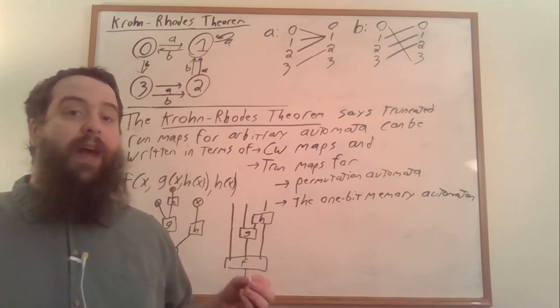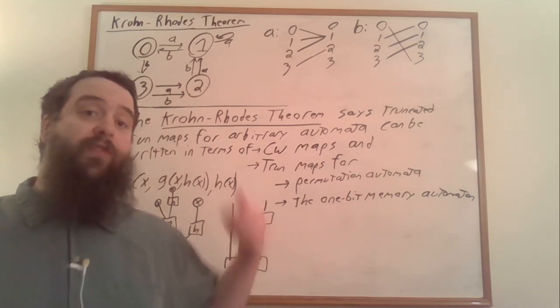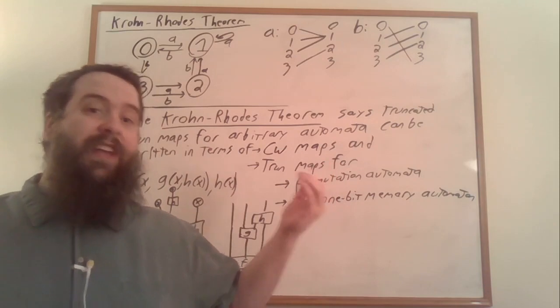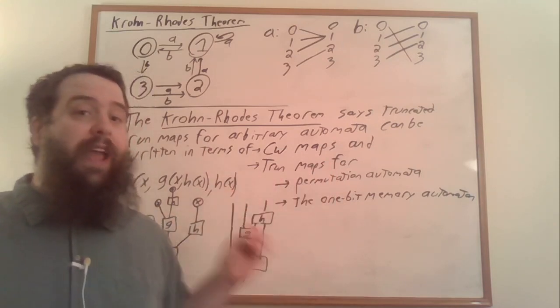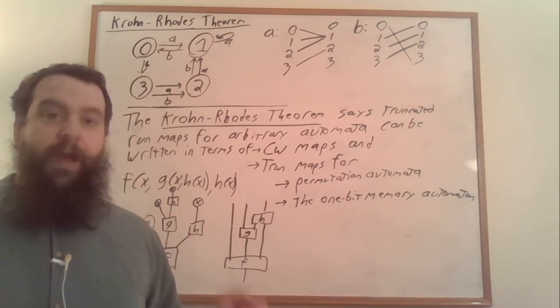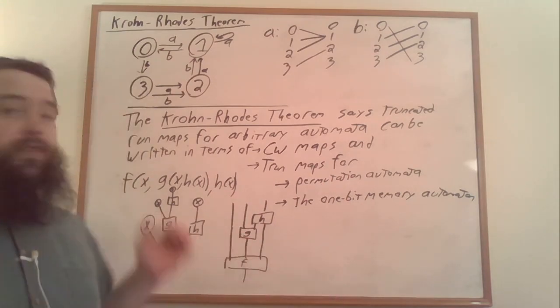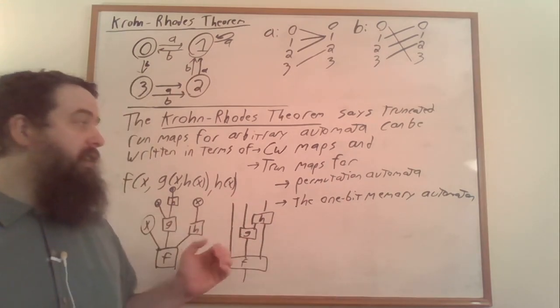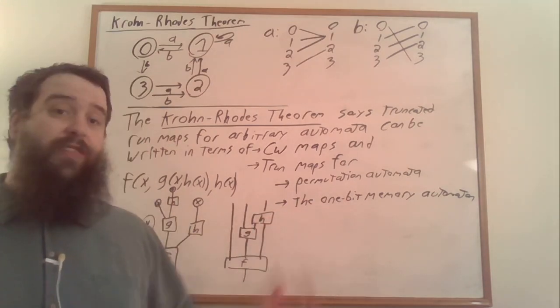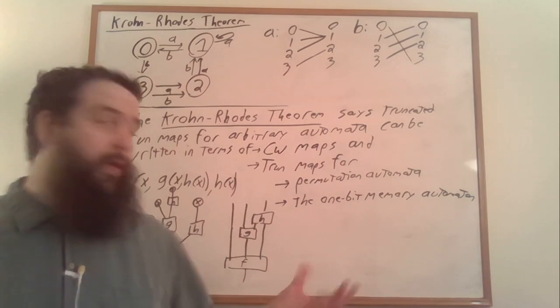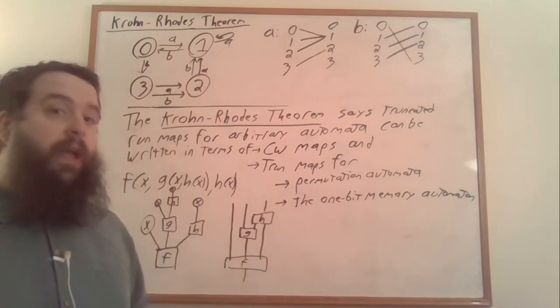So this will allow us to talk about truncated run maps for an arbitrary automaton in terms of truncated run maps for permutation automata and for reset automata. And then finally, we can break down those truncated run maps for reset automata into these 1-bit memory automata. Essentially, we're building up arbitrary memory storage from single bits. And so that'll be it.